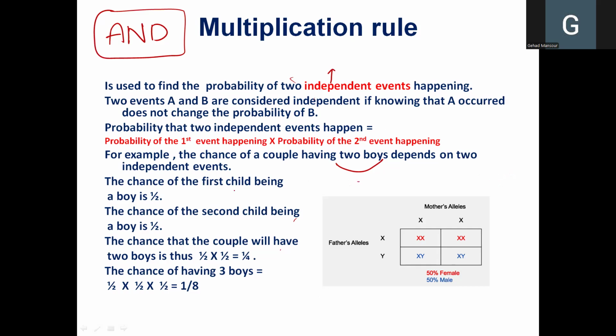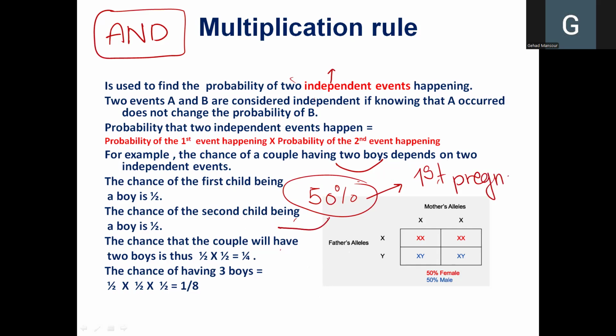What is the probability of the first child being a boy? As we said from the genetic diagram before, the probability in general of getting a boy in any pregnancy, in any fertilization, is 50%. So there is a 50% probability of getting a boy in the first pregnancy.